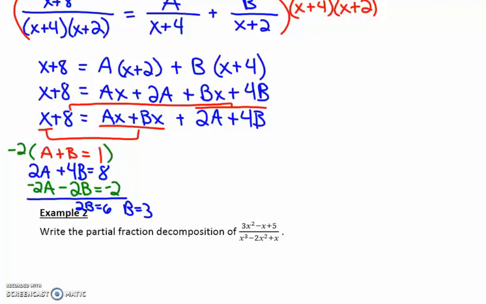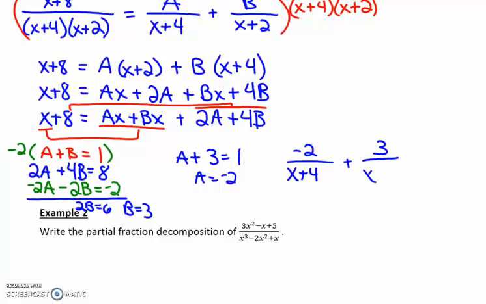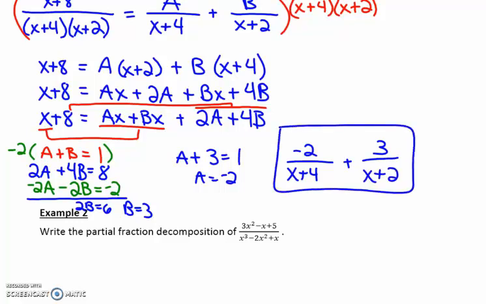And then we can plug that into A plus B equals 1, so with B as 3, A equals -2. So our expression is -2, remember that's our A, over x plus 4 plus 3 over x plus 2, because remember 3 was our B. And that is your partial fraction decomposition.